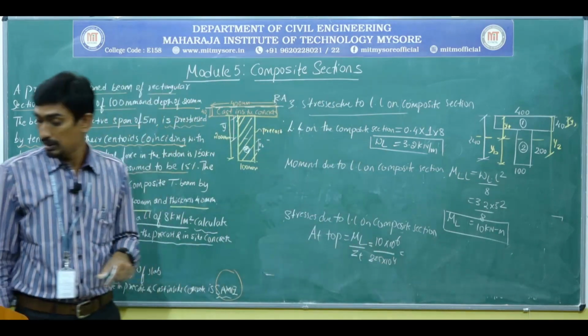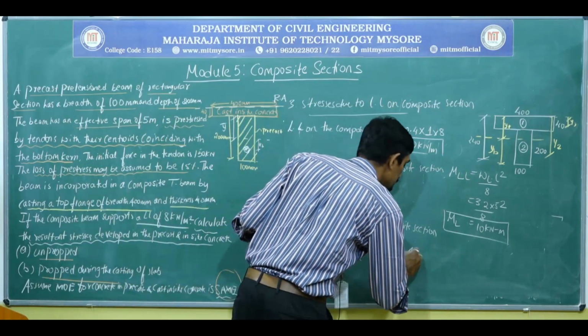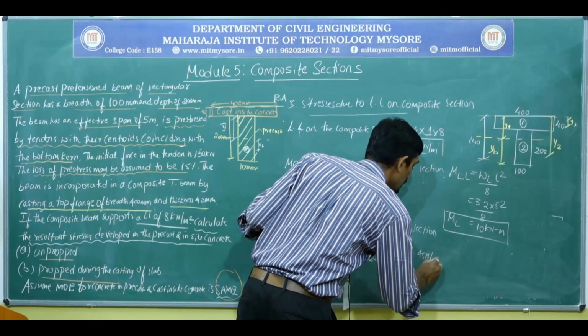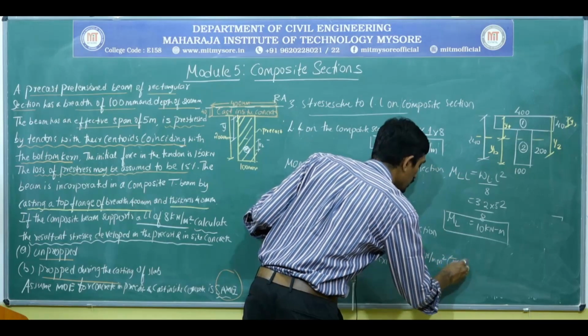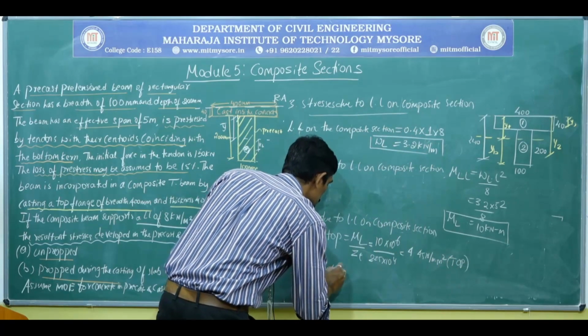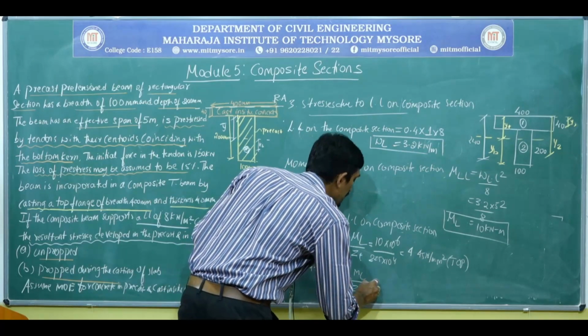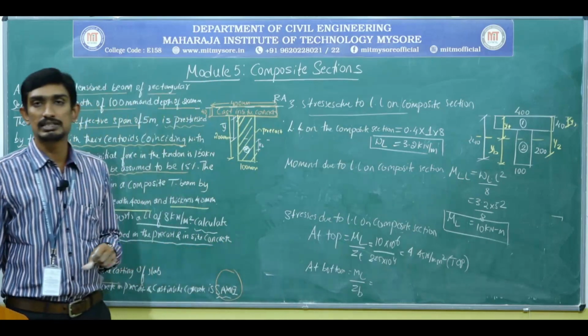Okay, which works out to be 4.45 Newton per millimeter square at the top. At bottom, ML divided by ZB.